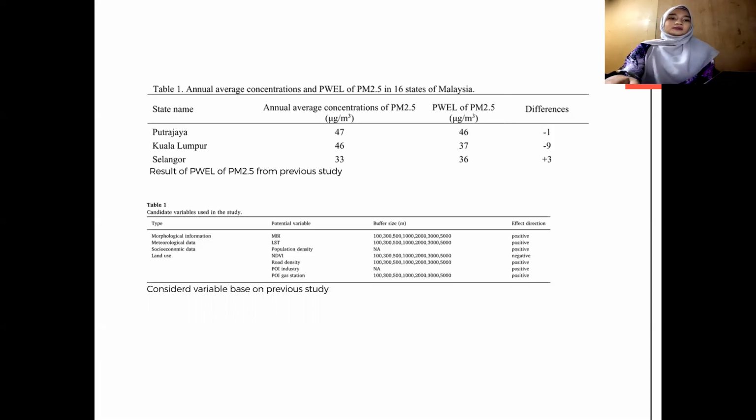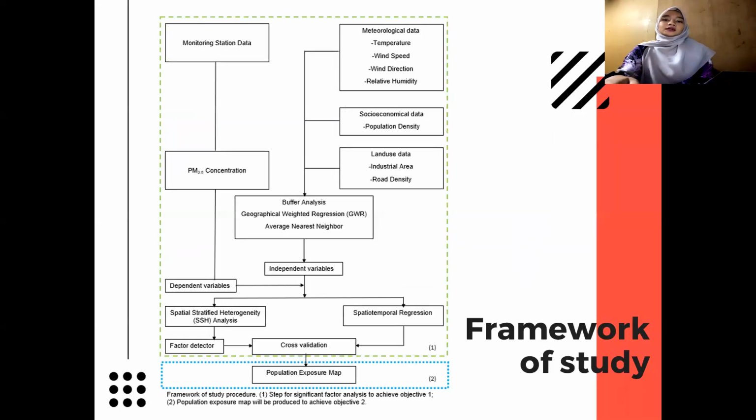The table below is the considered variables that were used in previous studies. Both of these tables are from previous studies. They show a few variables that have been chosen. Next, this is the framework of this study.